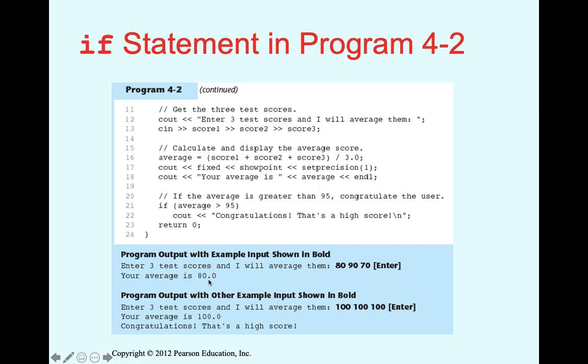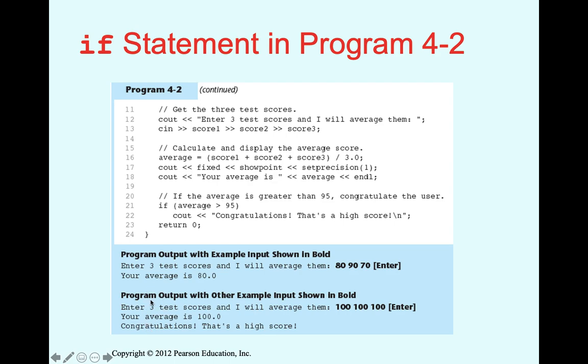So the average will be printed as 80. And then if the average is greater than 95, we want to print "Congratulations, that's a high score." When we run the program the first time, we enter 80, 90, 70, the average is 80, and we didn't print congratulations because this condition was false. 80 is not greater than 95, so it will not print this, it will just finish the program.